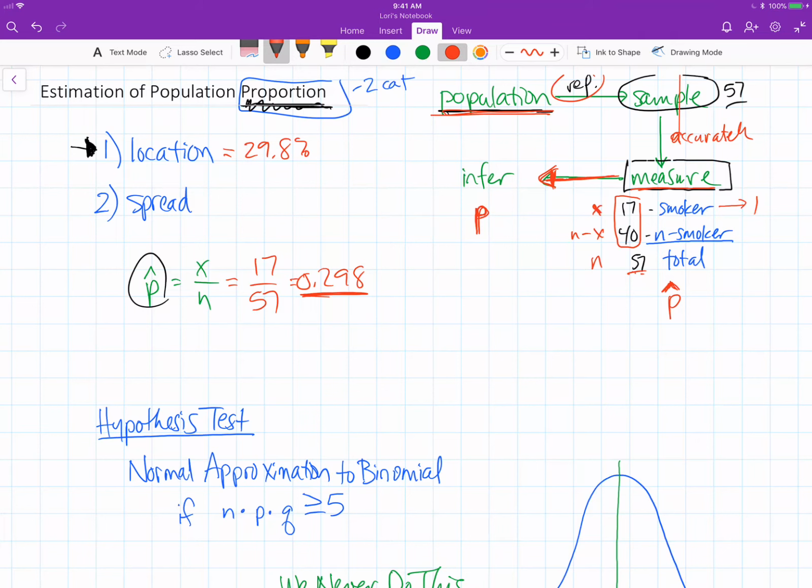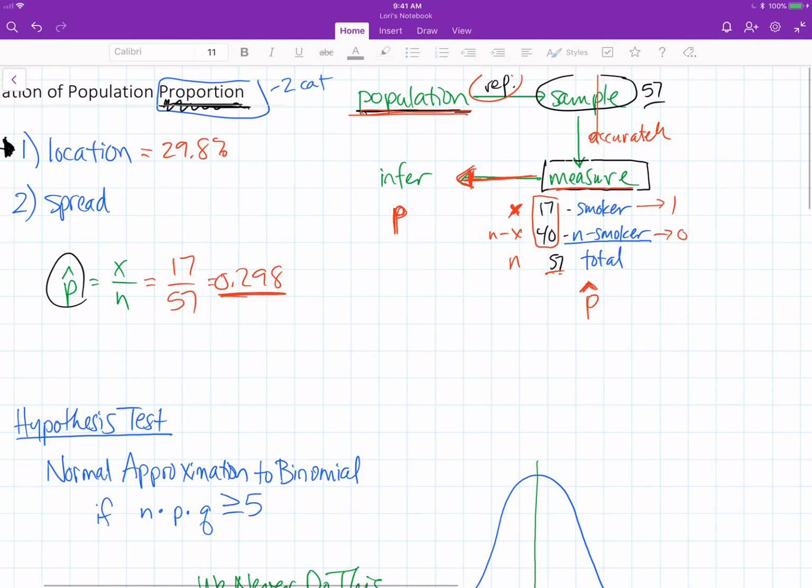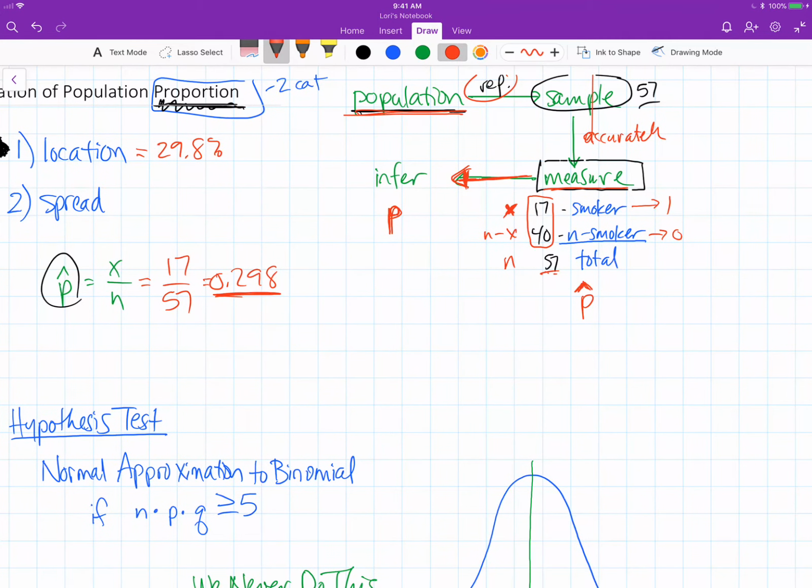That's the x that we're interested in measuring. Non-smoker is coded as a 0. So what we end up with is 17 times 1, which is equal to 17, and 40 times 0, which is equal to 0, divided by the total of 57.